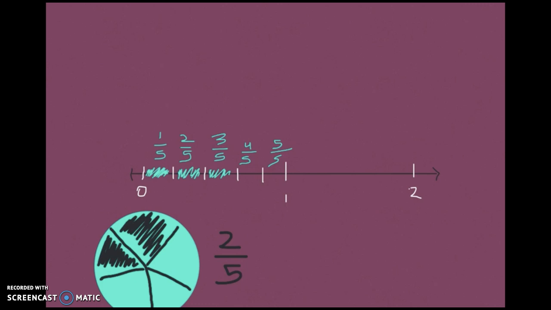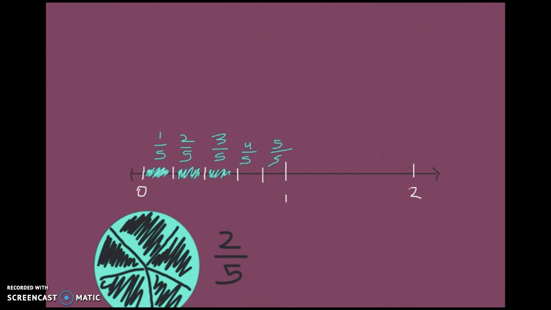If I were to shade in 5 sections over here, back on the circle, then you can see that I have shaded in the whole circle, which is 1. And on the number line, if we've traveled 5 out of the 5 sections of the way towards 1, we've gotten to the whole 1.